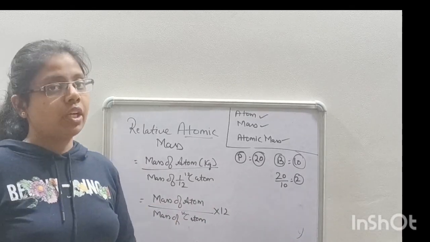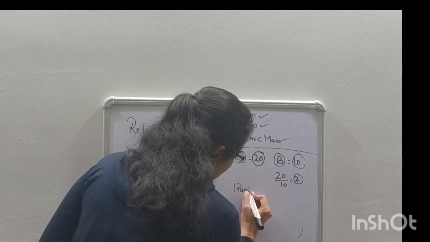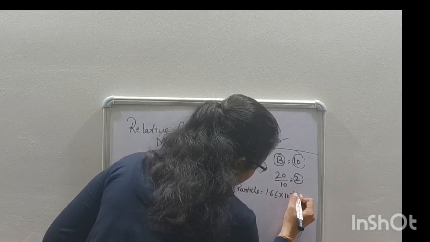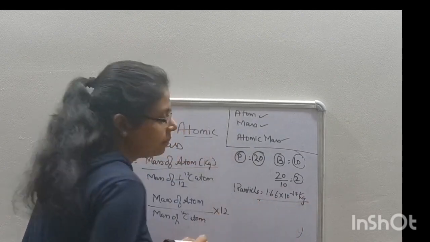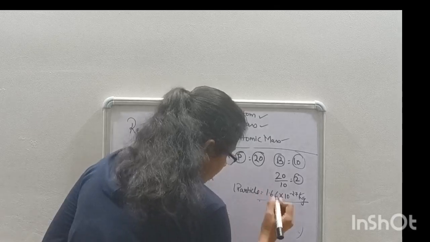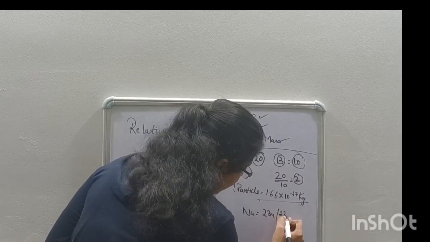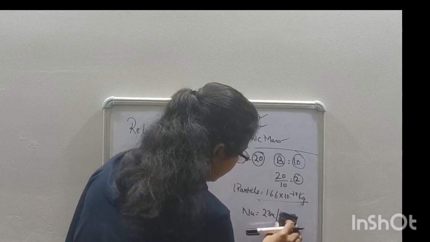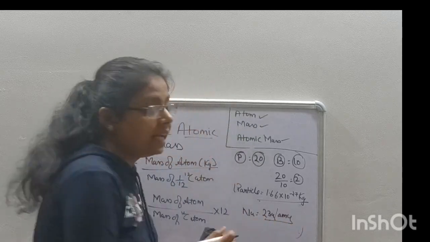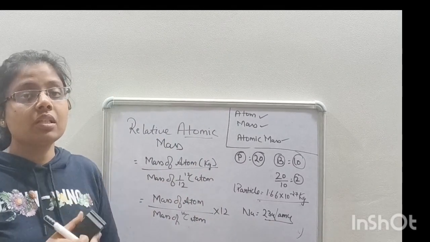Another meaning of relative atomic mass is that it is the mass of one particle. One particle mass is equal to 1.66 into 10 to the power minus 27 kg. So if the mass of sodium comes out to be 23 U or 23 AMU, then it means sodium consists of a total of 23 protons plus neutrons.